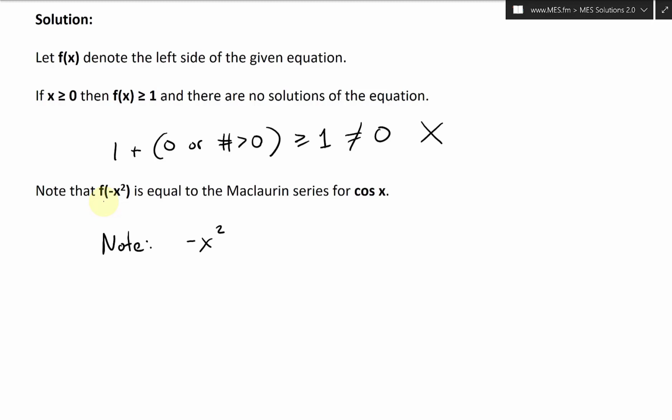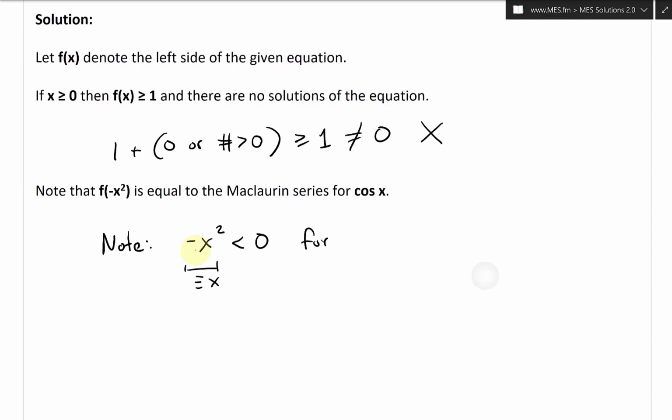So negative x squared is less than 0 for all of these new transformed ones. So this one is our equivalent of our x. The three dots just mean that it needs to match up with this. So for f of x, where the argument is less than 0, this negative x squared has to be less than 0.